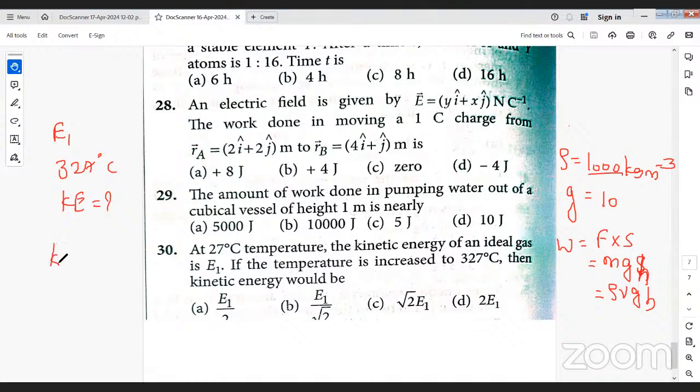So the kinetic energy is given by 3 divided by 2 RT. As we can see, the temperature and the kinetic energy are directly proportional to each other, students.